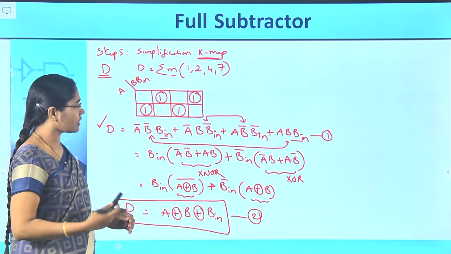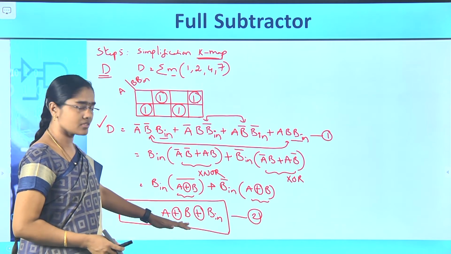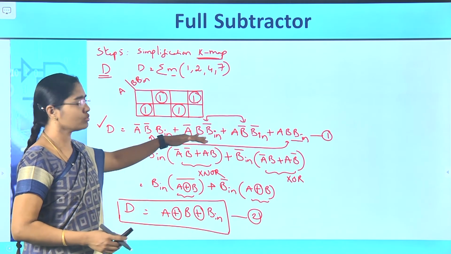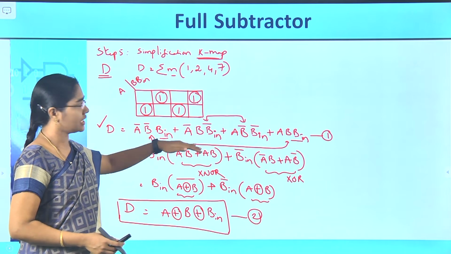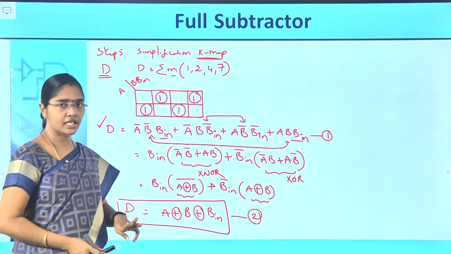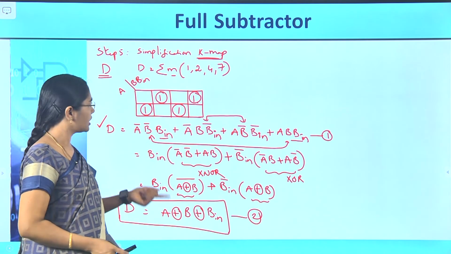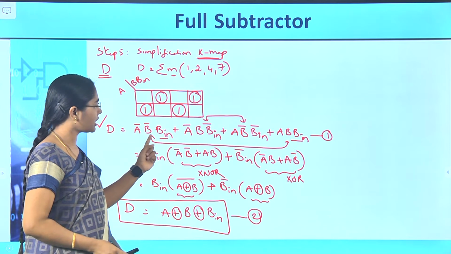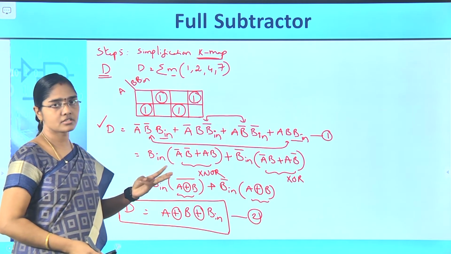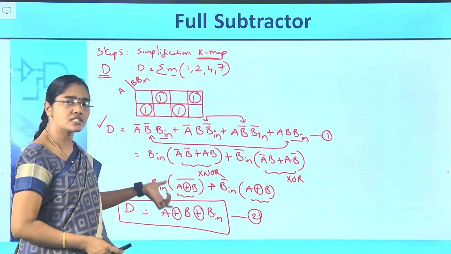So for drawing the logic diagram, if you use this second equation, then it is easy when compared to the first equation. The first equation requires 3 AND gates and then 1 OR gate with 4 inputs, and then for getting A bar, B bar and B in bar, 3 NOT gates. So for the logic diagram representation, equation 2 is simple.